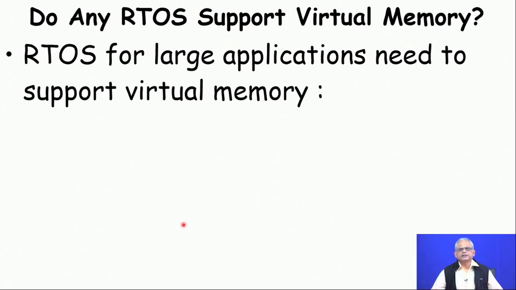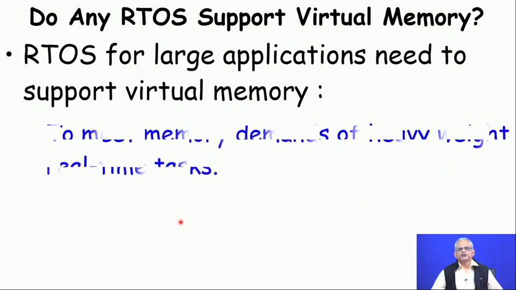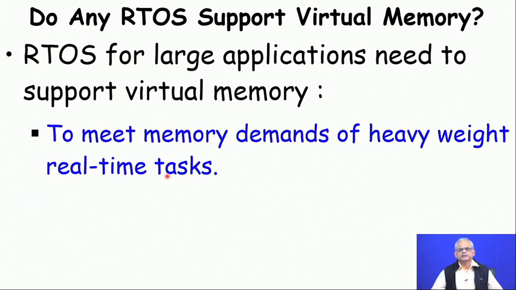Naturally, a question arises: which are the types of real time operating systems which support virtual memory? We need virtual memory when the tasks require large data or the code is significant, that is, to meet the memory demands of heavyweight real time tasks which have large code or require large data.